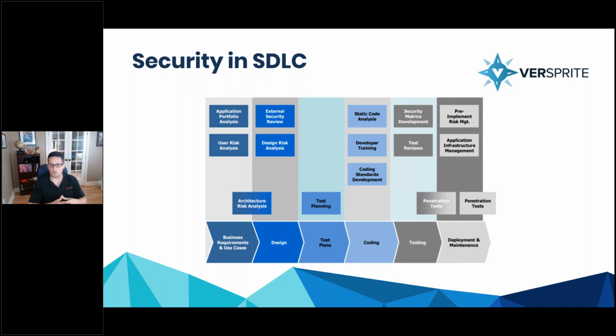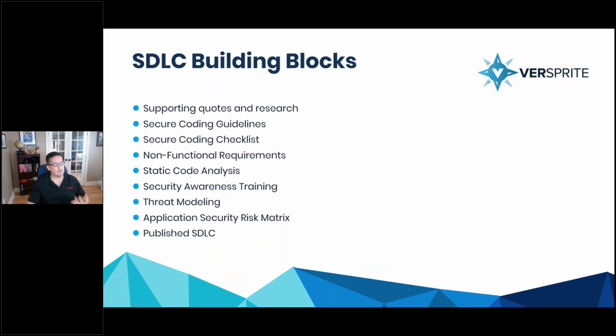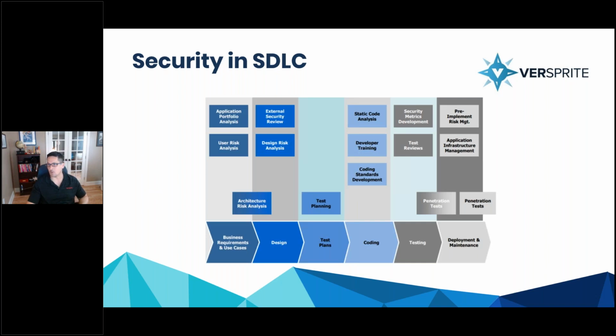You're already designing how the application should function in terms of call flow, in terms of maybe the actual user experience, and your overall architecture of cloud or on-prem defines that. Well, you can do a threat model to see what sort of concerns you have around authentication, around trust boundaries. So this is a great visualization to see how you bake some of the components here into an SDLC program.